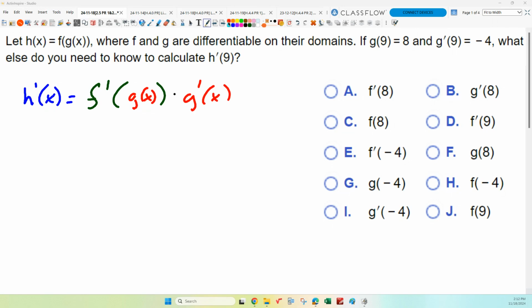Okay, so then what would you need? So we're trying to evaluate h prime at 9. So that's going to equal f prime of what? Of g of 9. Okay? Times g prime of 9.